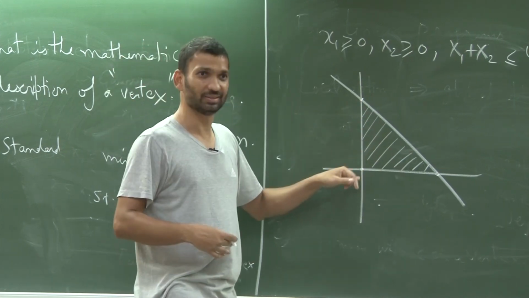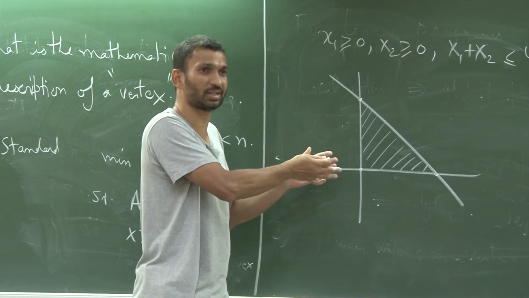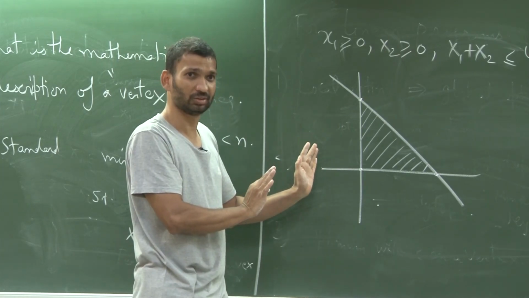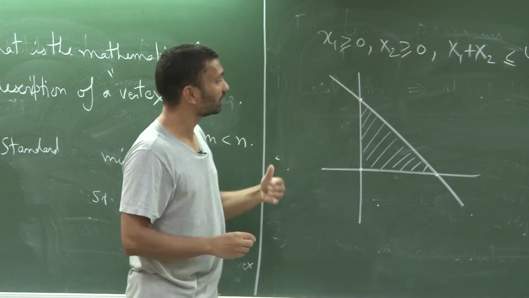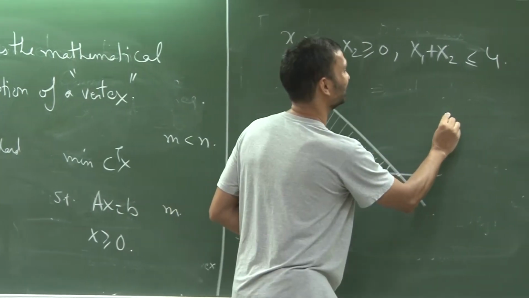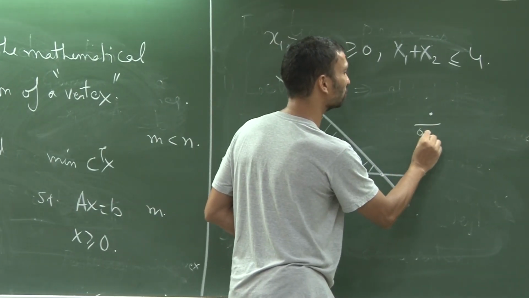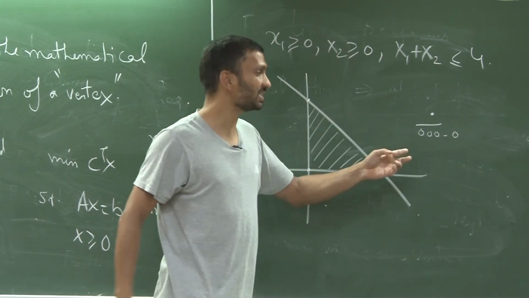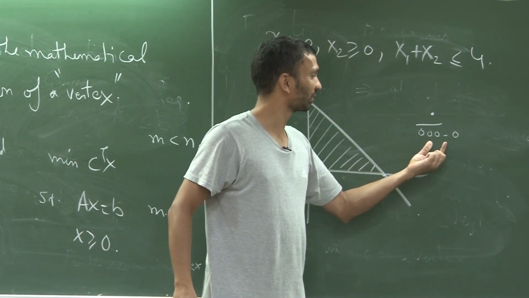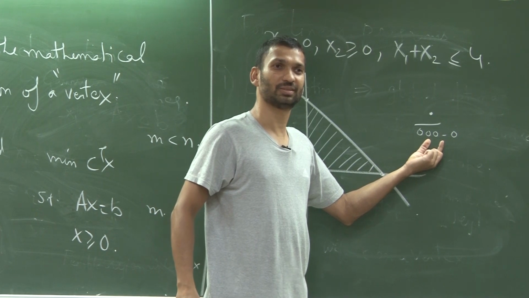And you see it here. But how many zeros? What are they? That we have to still figure out, right? And the other point is, if I have a lot of zeros, that's a nice way to get a vertex.